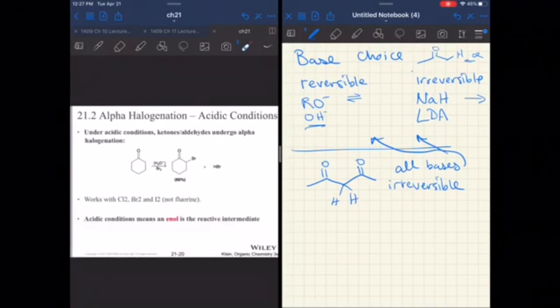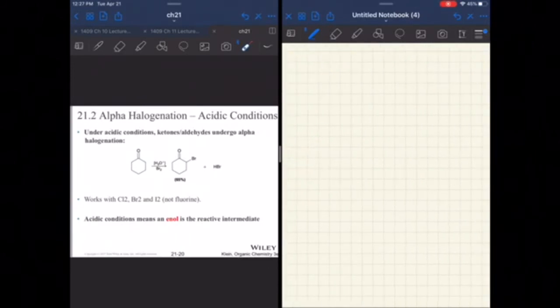Alpha halogenation. So we're going to finish up this video with our first reaction, alpha halogenation. There are going to be 3 different reactions in this section, right? And we're going to start with the simplest in my mind. We're going to start off with acidic alpha halogenation.